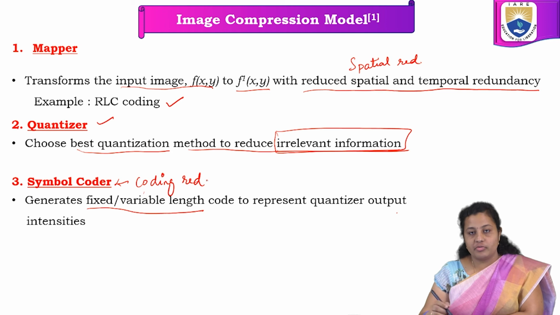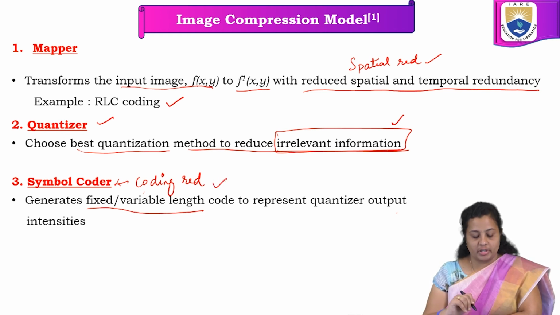This symbol coder will reduce the coding redundancy. If we observe, all three blocks in our encoder try to reduce each of the redundancies available in our image. The mapper reduces the spatial redundancy, the quantizer reduces the irrelevant information, whereas the symbol coder reduces the coding redundancy.